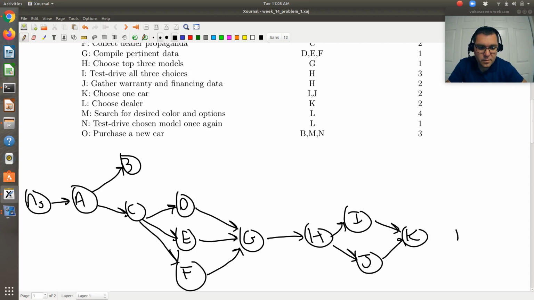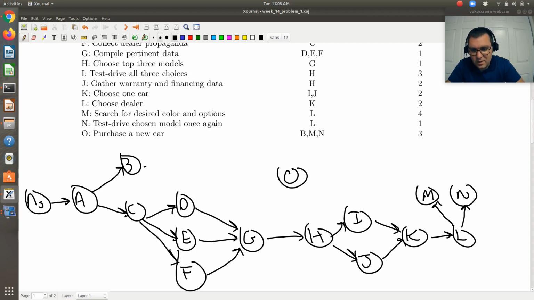L, which is a precedence of K. Then M and N, which are both dependent on L. So rather than keep it going, let's draw M and N up here. Those are both dependent on L. And then O, we can put right here.